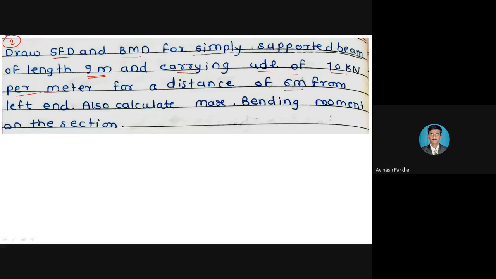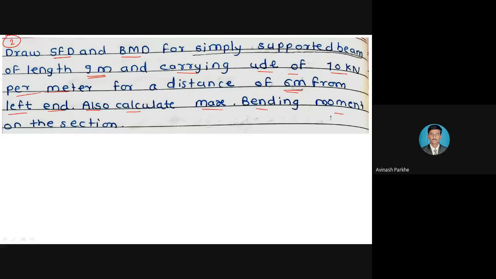The total length of the beam is 9 meter, but the UDL is applied for a 6 meter distance from the left end of that particular beam. Also calculate the maximum bending moment on the section.